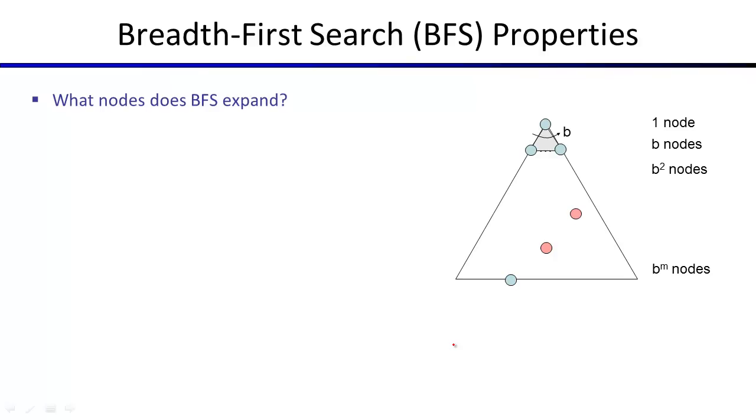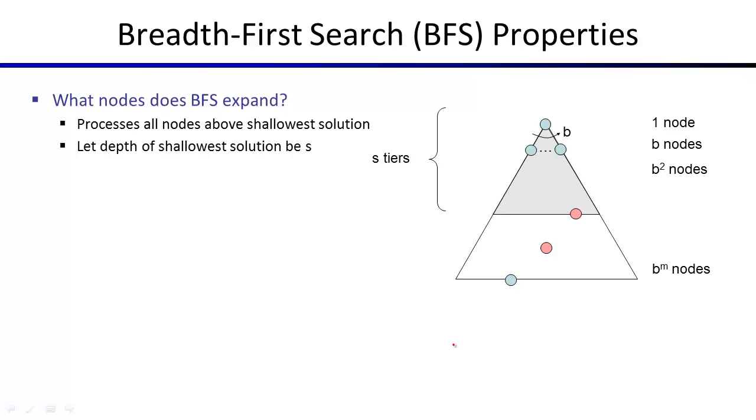So to quantify this, we're going to introduce a new variable, S, and we say that the goal highest up in the tree is at level S. So S is how deep your shallowest goal is. And then the number of nodes expanded by breadth first search is order B to the S. So effectively it's reducing the depth to the depth of the shallowest goal.